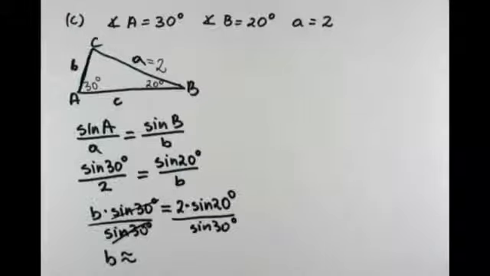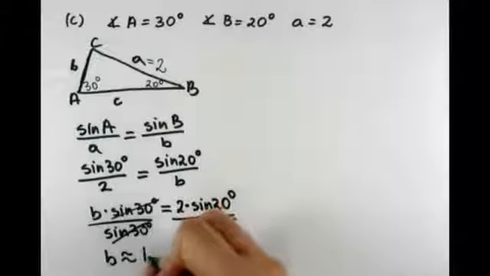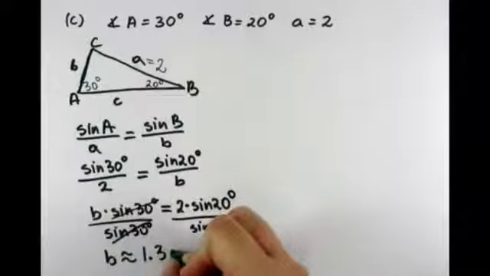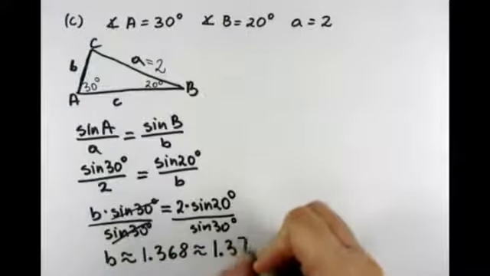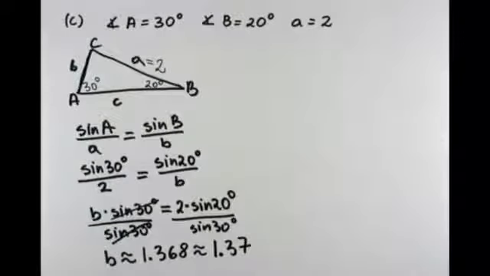And that gives me approximately 1.36368. So this is approximately 1.37. We usually round to 2 decimal places.